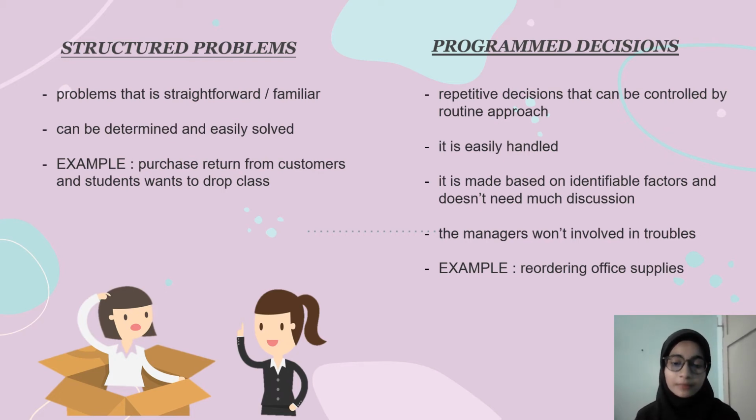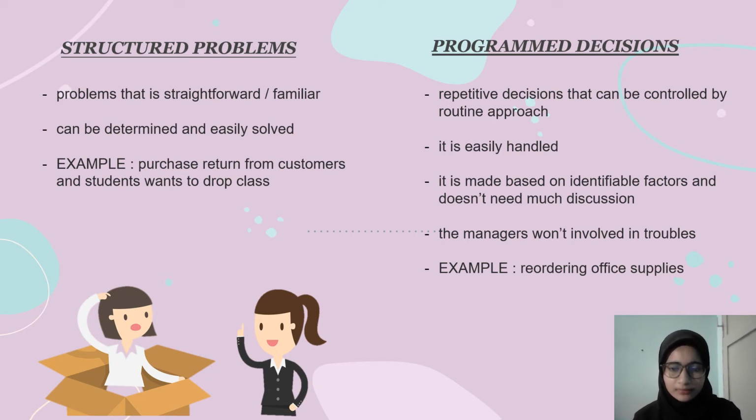There are so many examples that we can look at. So this is the relation between structured problems and program decision. When situations are structured, there is a standardized routine for handling problems that may come to light, which is well known as program decision.